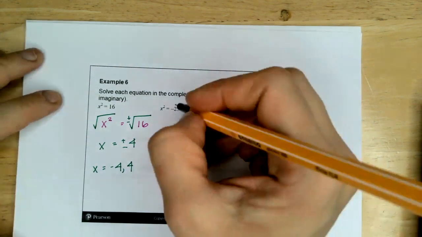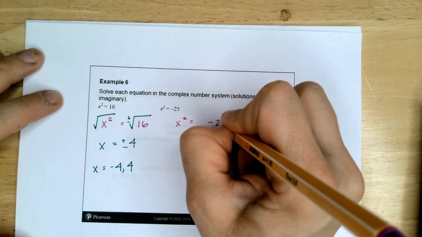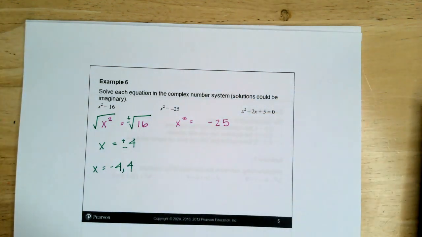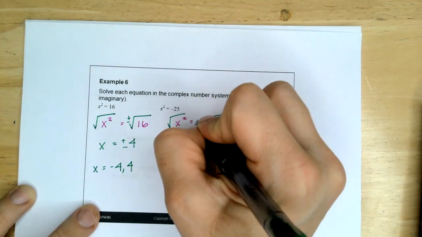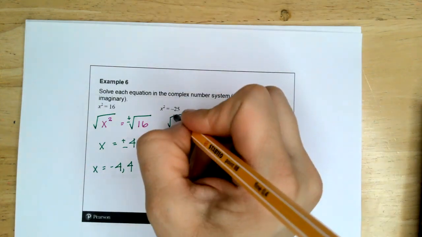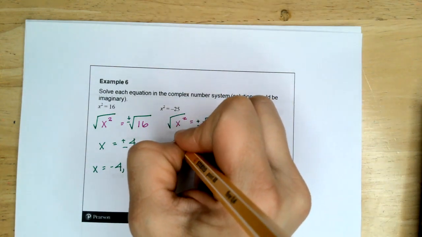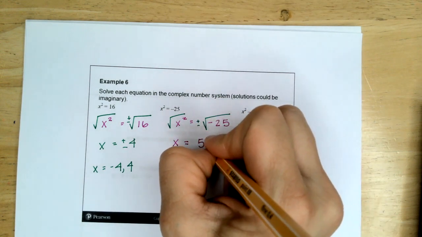Here we have x squared equals negative 25. Good. Take the square root, take the square root. We're going to do positive and negative still, okay? The square root of x squared just leaves us with x. The square root of negative 25 is 5i, right?